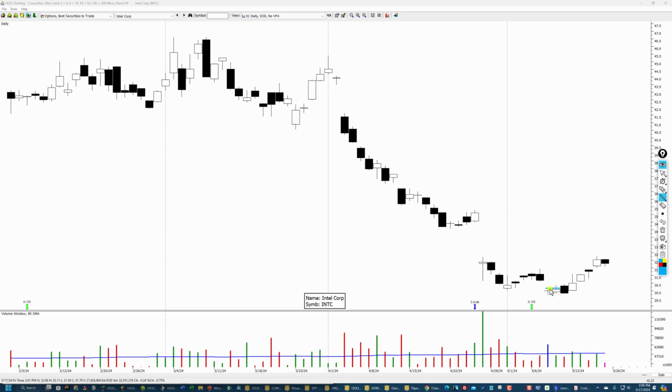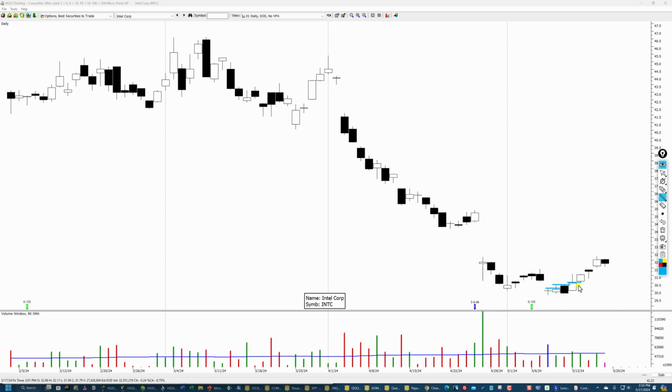So this high surpassed this high, and this high surpassed this high, even though this is negative structure, but the high surpassed this. And then obviously this high is higher, so this is the third higher high, which is a price action trend change.